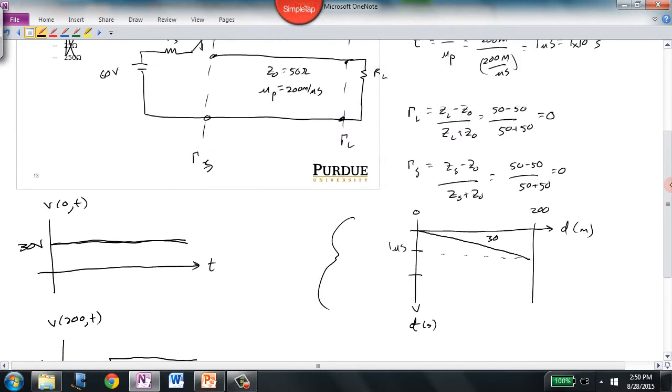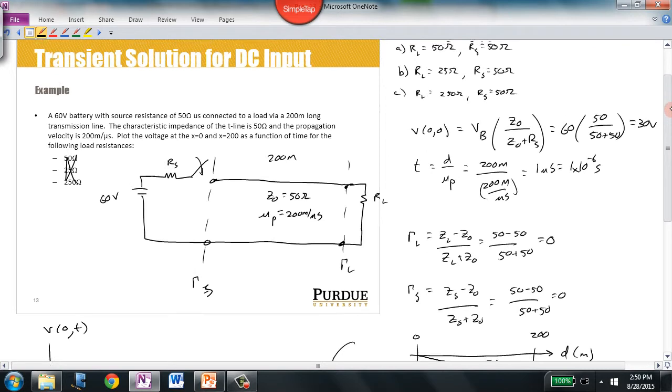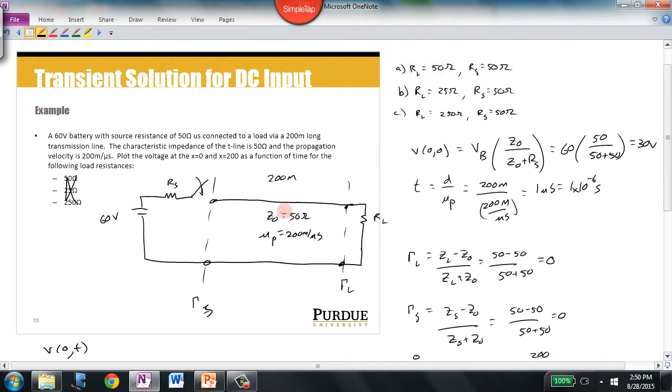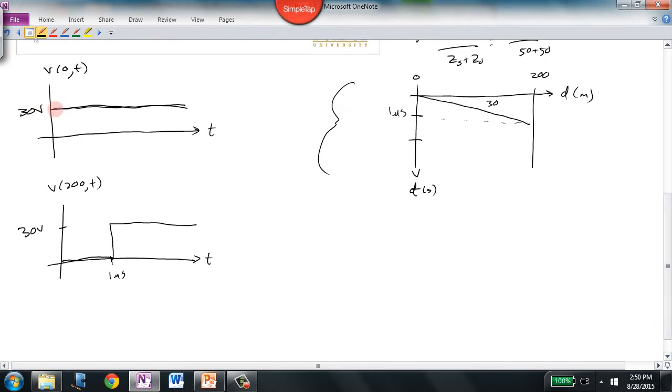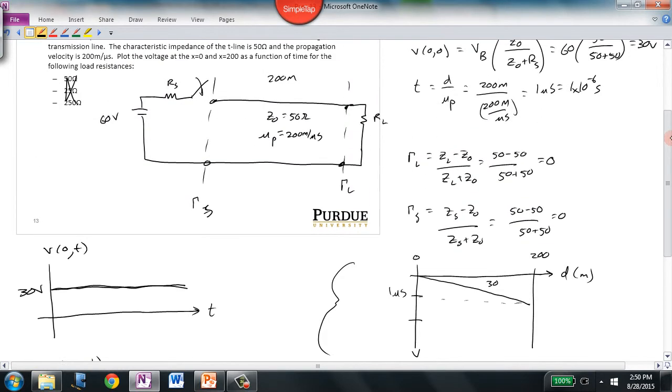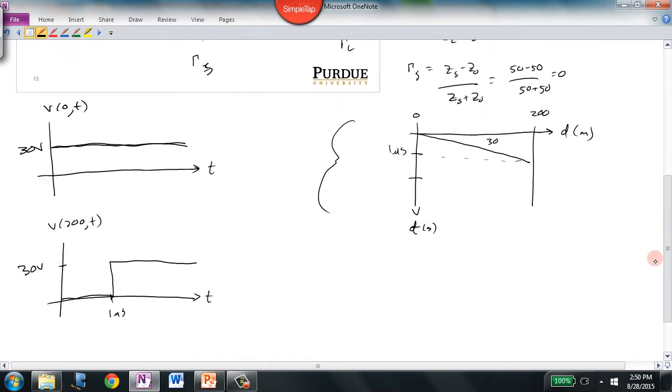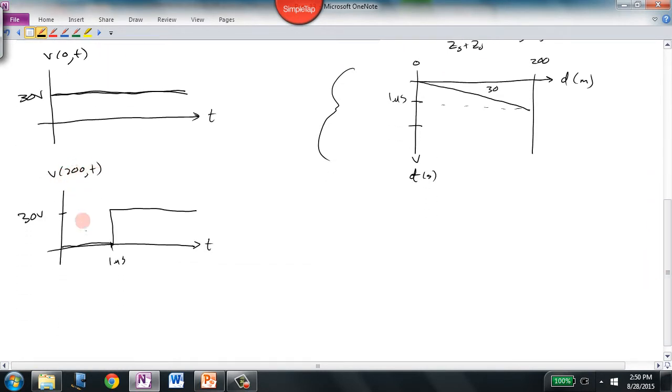So in the matched case, when RL equals 50, Z0 equals 50, and RS equals 50, at the input end the voltage immediately rises to 30 volts, which was half the battery voltage due to the voltage divider. At the load end, there's a delay of 1 microsecond before any voltage appears on the transmission line.